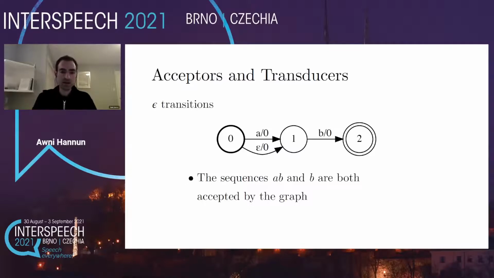So this graph here accepts two sequences. One is the sequence AB, but it also accepts just the sequence B, because you can transition from 0 to 1 without consuming any of the input. So for an acceptor, that's what an epsilon transition means. You still have to accumulate the score. So if it had a non-zero score on the epsilon arc, you would still score that when you're scoring the sequence B.